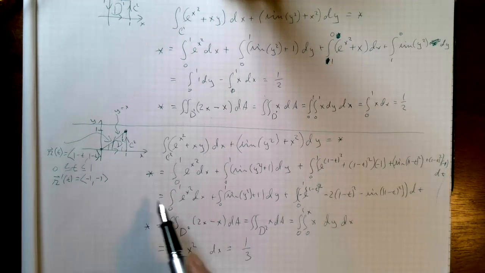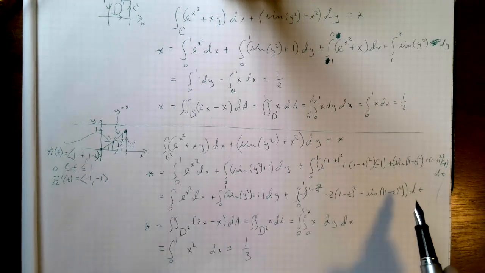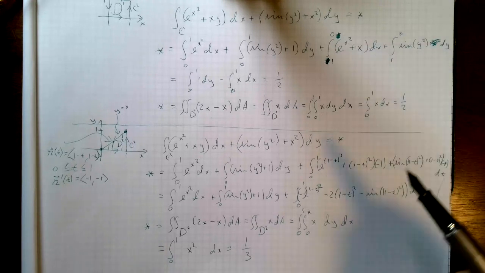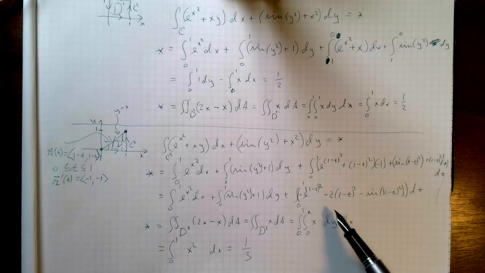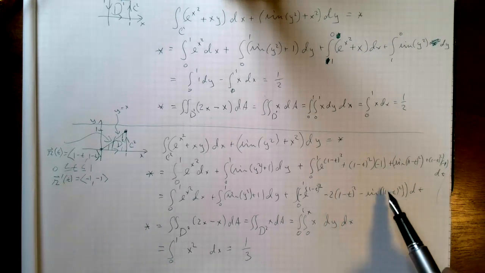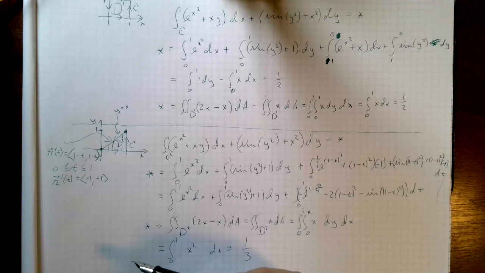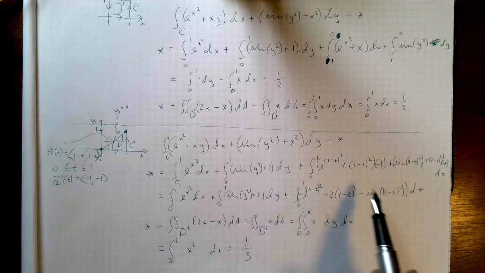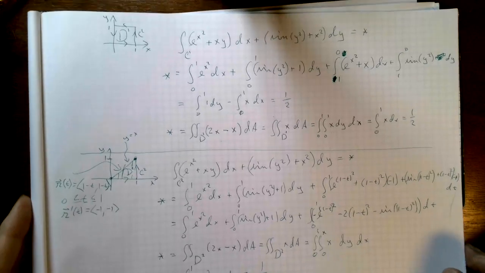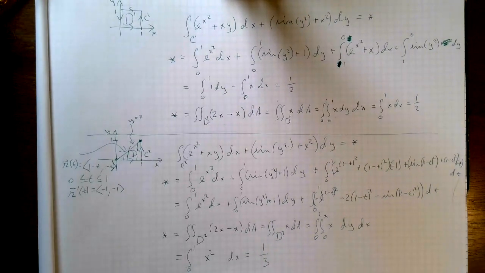Maybe there are some tricks to do the same thing as over here, perhaps a change of variables. Still, this is going to be a nasty bit of work, but it's 1/3. Using Green's theorem, it's almost trivial. Trying to do it like this is almost impossible.